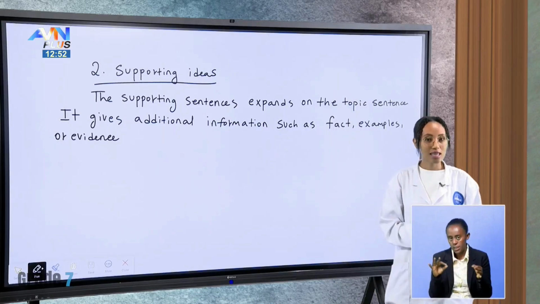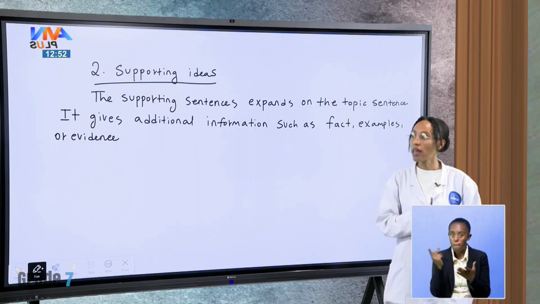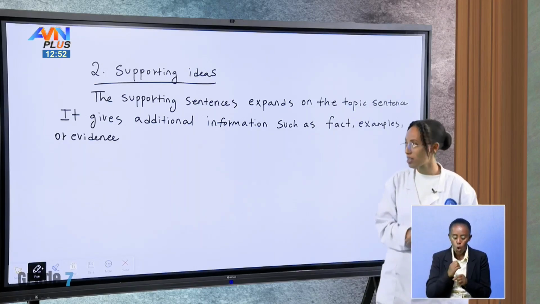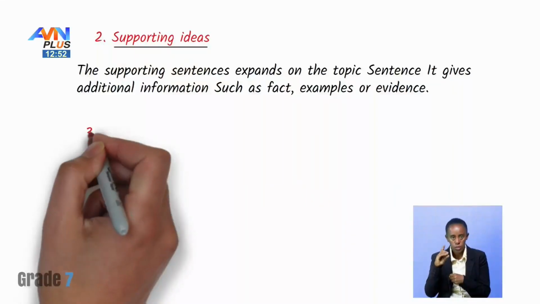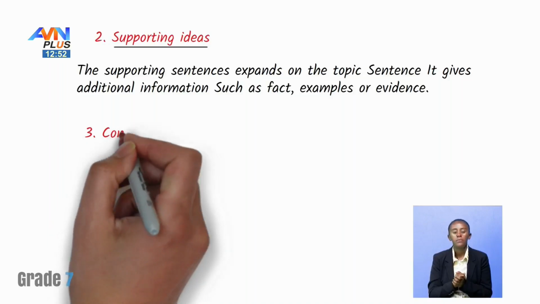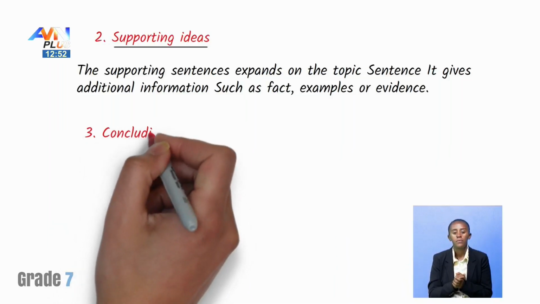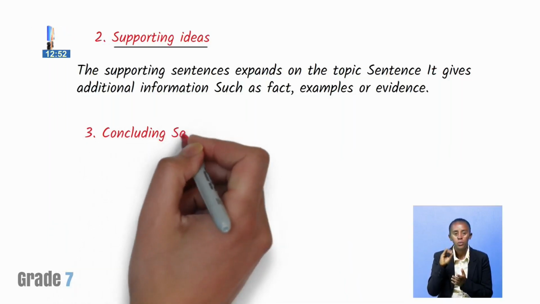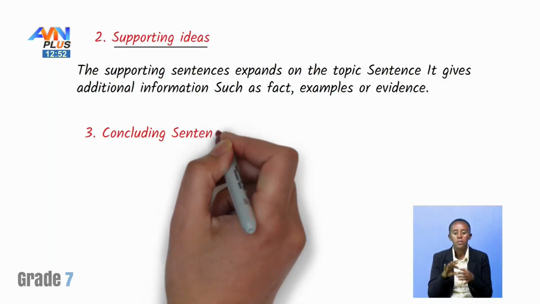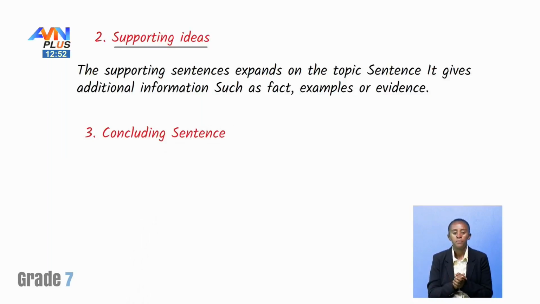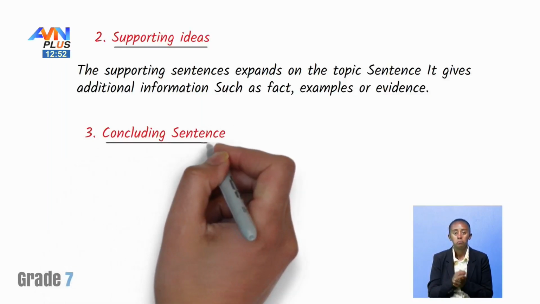The last element of a paragraph is the concluding sentence. The third one is the concluding sentence. Only one.